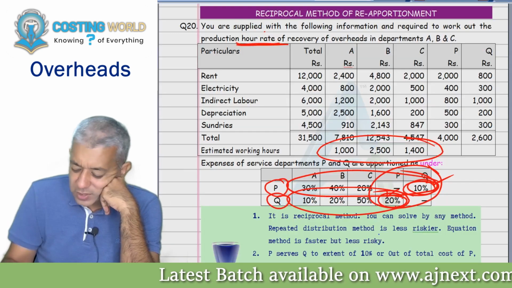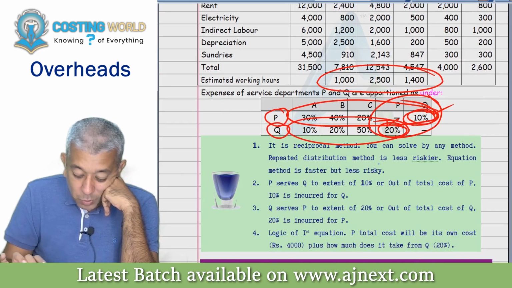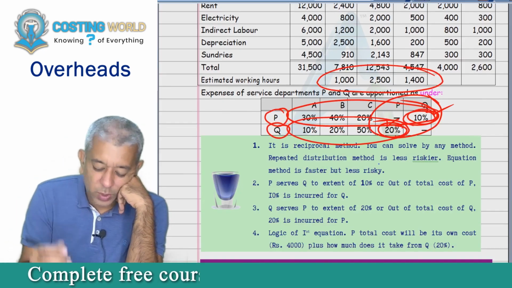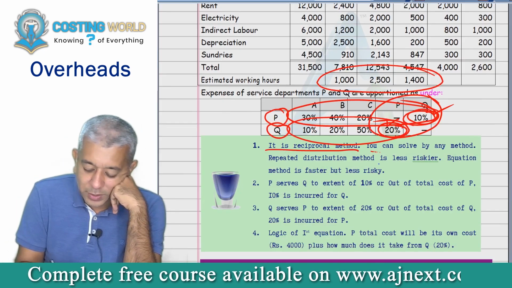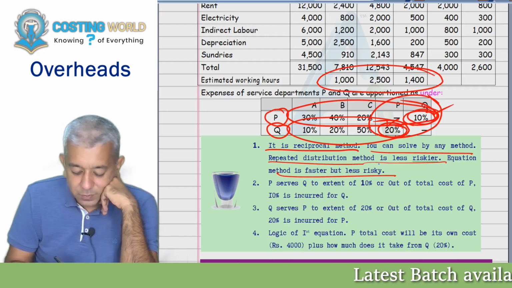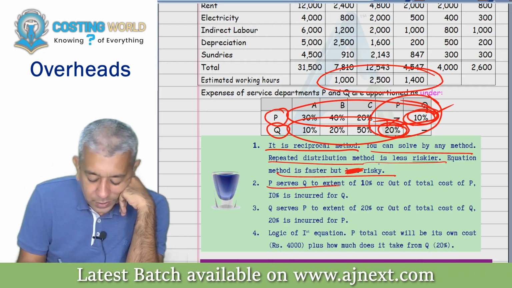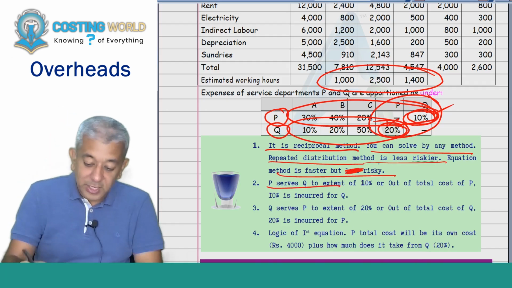Okay, in any case we have all done it. Listen, I am not reading the shorts. No, I'll read them. It is a reciprocal method. You can solve by any method. Repeated distribution method is less risky. Equation method is faster, but in this case risky. Then P serves Q to the extent of 10%.